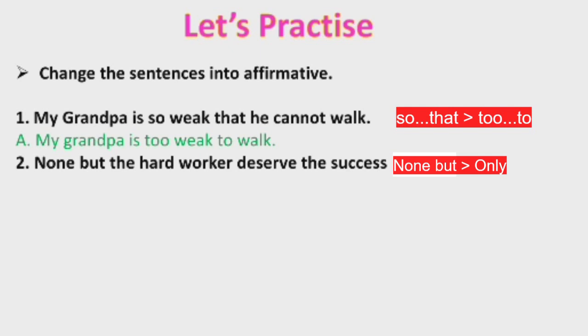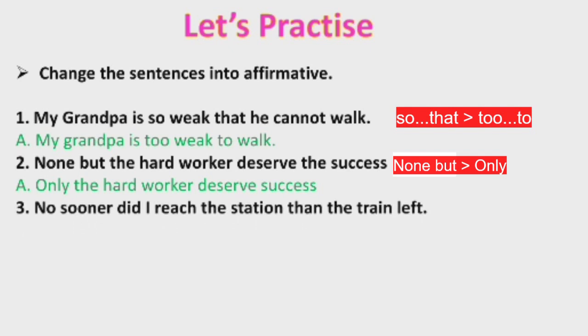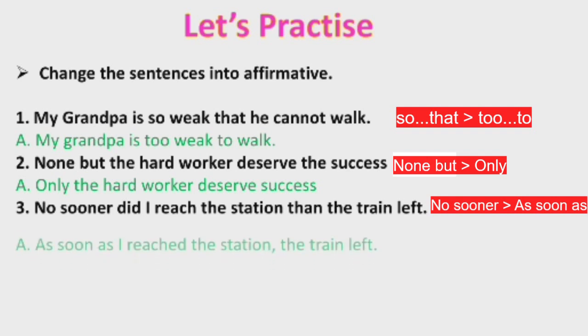Okay. Next, third sentence. No sooner did I reach the station than the train left. Again here we can use "as soon as" instead of "no sooner", and we will follow this structure. So as soon as I reached the station, the train left.